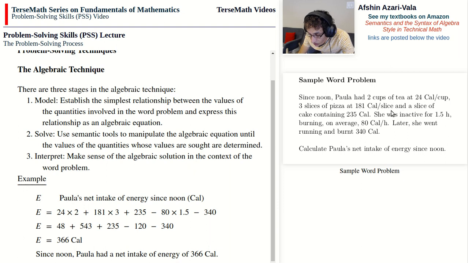The problem talks about the cups of tea first, and so I write the part that relates to the cups of tea first. This is followed in the body of the word problem with information on the slices of pizza, and that's what I do in my equation. My next item deals with the energy content of the slices of pizza, and then the cake, and so on until the end.